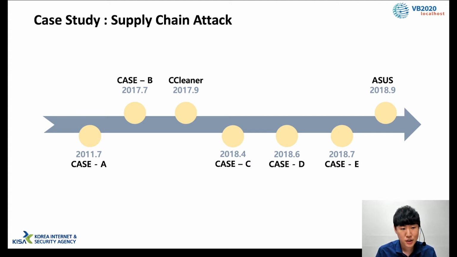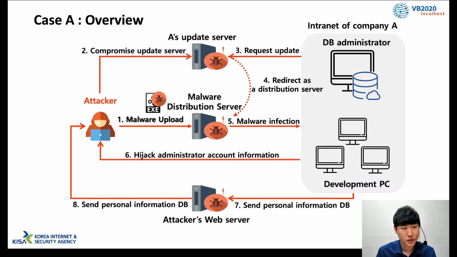This slide shows the timeline of the attacks carried out by the same group. This is case A. The attacker compromised the update server to install malware on the intranet PCs and leaked personal information.